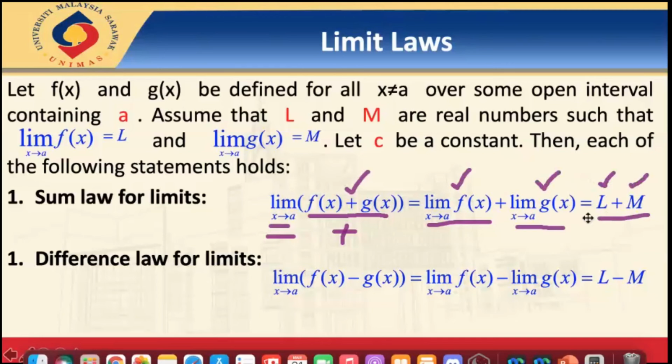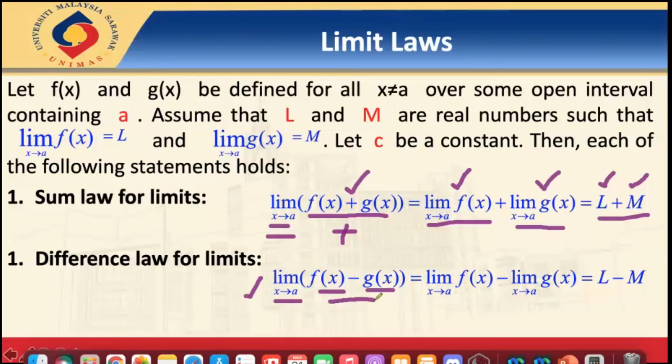And similarly the difference law, that limit of f of x minus g of x, meaning to say the f of x value and the g of x value will subtract from each other first, like the g of x will be subtracted from the f of x first, and whatever value we get, then the limit will apply on that. Meaning to say the limit is applied on the result of the minus operation first.